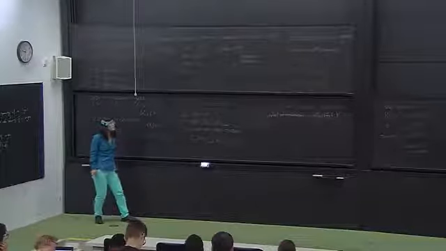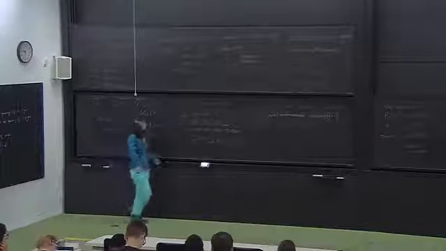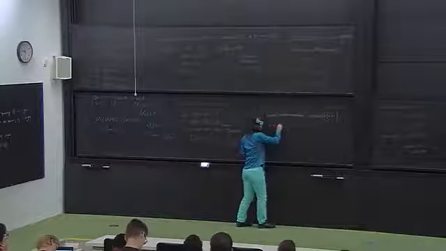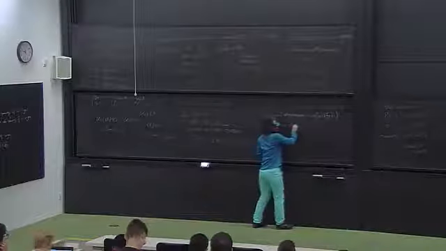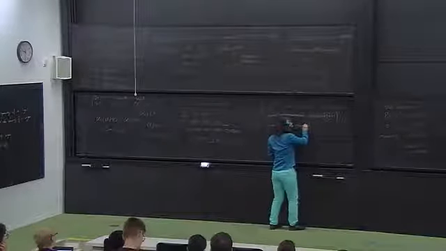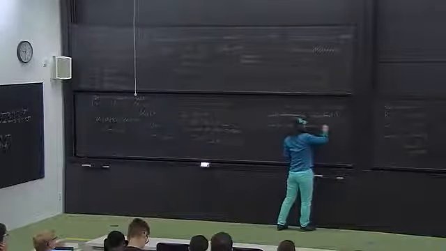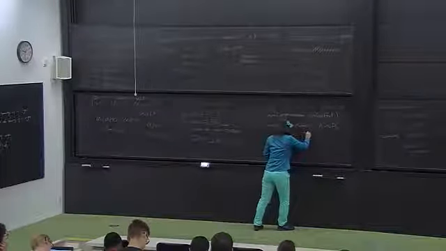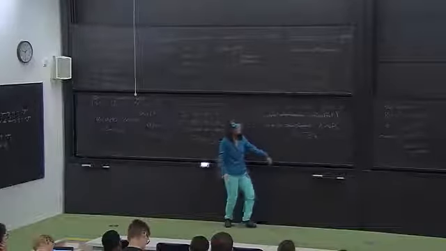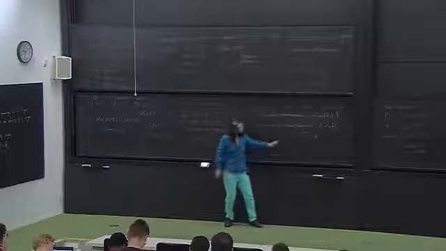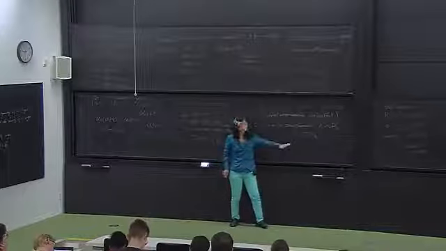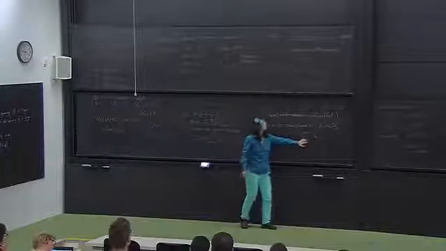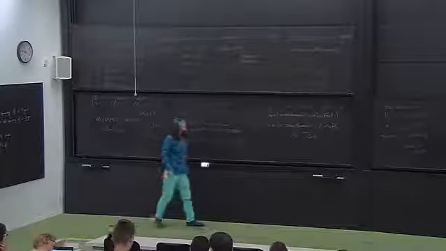This is related to what is called a similarity transformation of matrices. It says that A is similar to B if A and B are related by a similarity matrix transformation. So if I can find S such that A and B are related this way, then we call A and B similar.